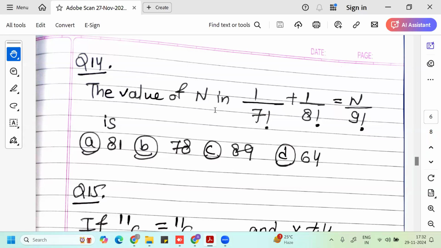Are you getting, guys? How confident are you on this topic, permutation and combination? I know topics like permutation, combination, probability are very challenging for commerce students. So according to you, how confident are you?